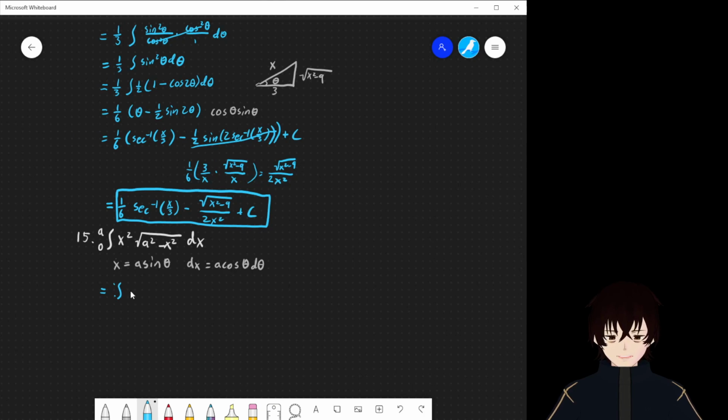So we get a squared sine squared theta times the square root of a squared minus a squared sine squared theta, times a cosine theta d theta.